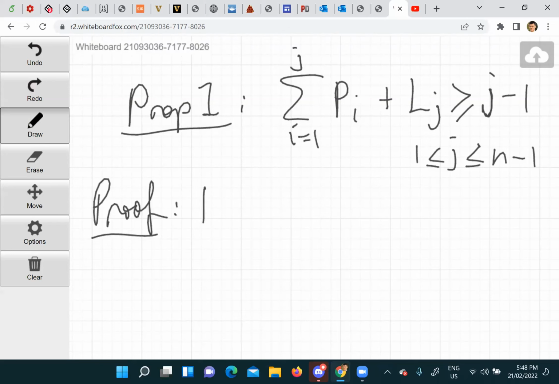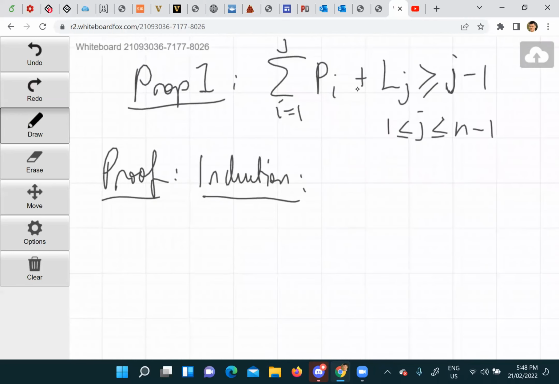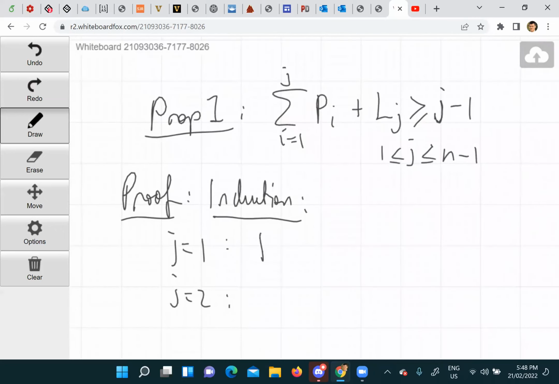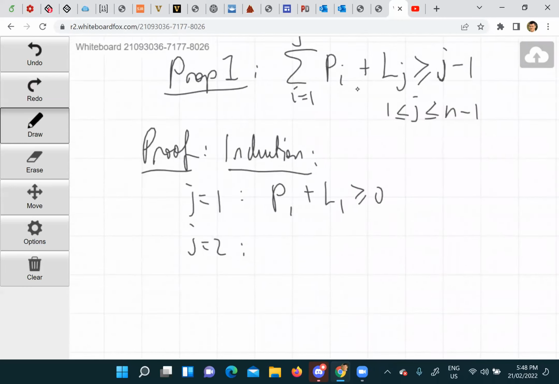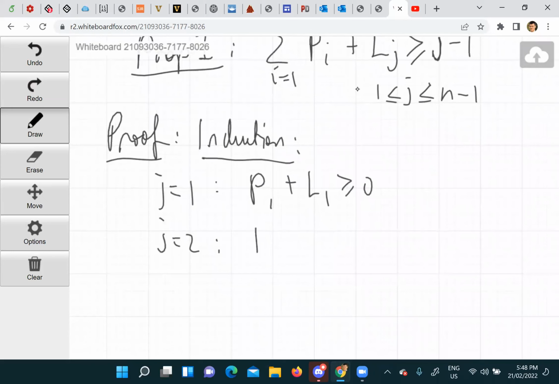So let's do this by induction, okay? What is it for the low values of j? Let's have a look. j equals 1 and j equals 2. Let's just look at the low ones, okay? So j equals 1: P1 plus L1 is greater than or equal to 0. Well, that's definitely correct. That's pointless, right?